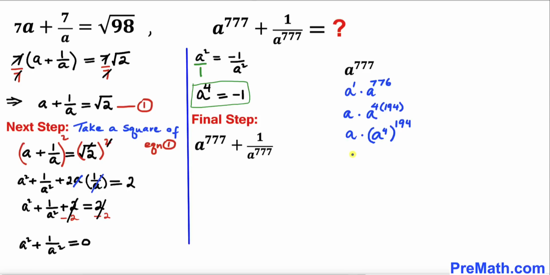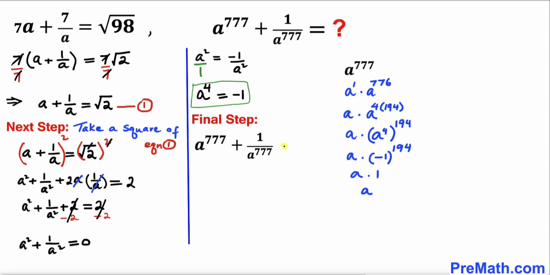So I replace a to the power 4 by negative 1, to the power 194. We have a negative 1 and our power is even, so that is going to give us a positive 1. Therefore we end up with a times 1, which is equal to a. So a to the power 777 has been simplified to simply a.